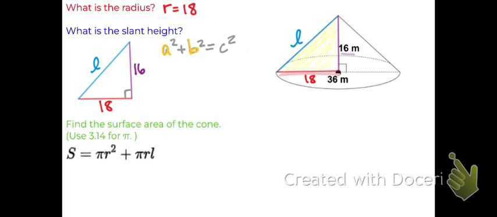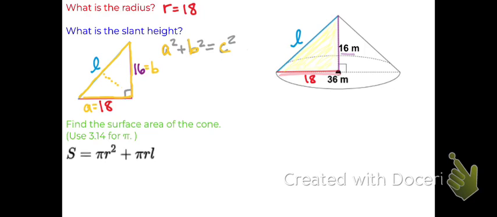They are the two side lengths that form the right angle. So it doesn't matter which of these we designate as A and which as B. Let's say 18 is our A and 16 is our B. And then the other side is always C. It's called the hypotenuse. It's the longest side of our triangle, and it's always directly across from our right angle.